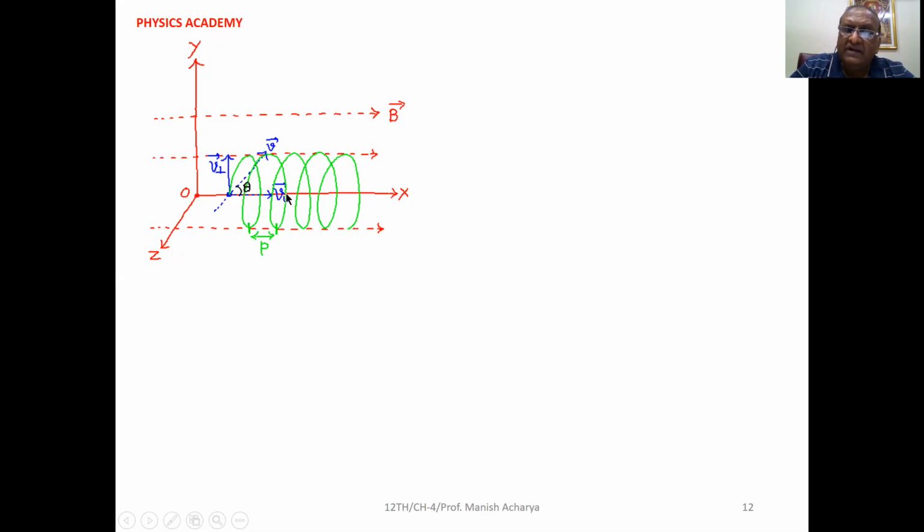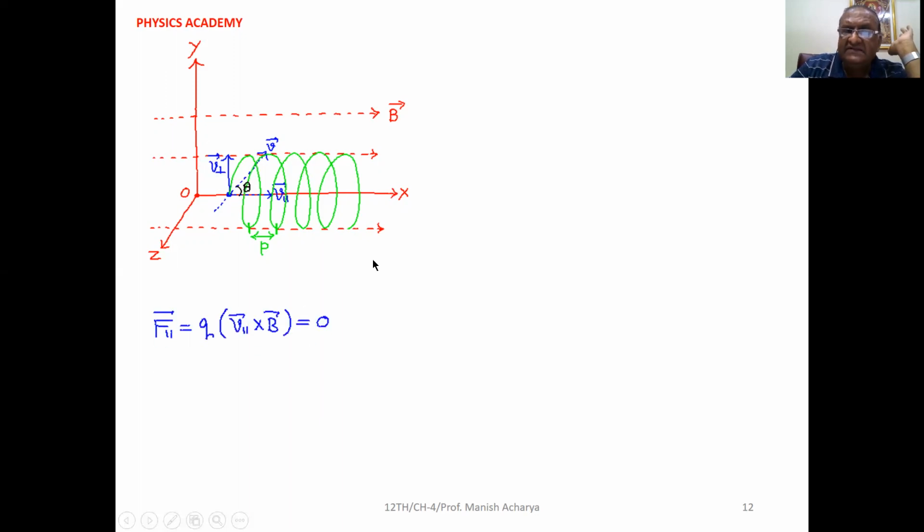One component that we have to take parallel to the magnetic field, or we can say in the direction of the magnetic field, and another component that we have to take perpendicular to the magnetic field. Now, we already discussed this thing. If velocity is parallel to the magnetic field, then force will be 0.